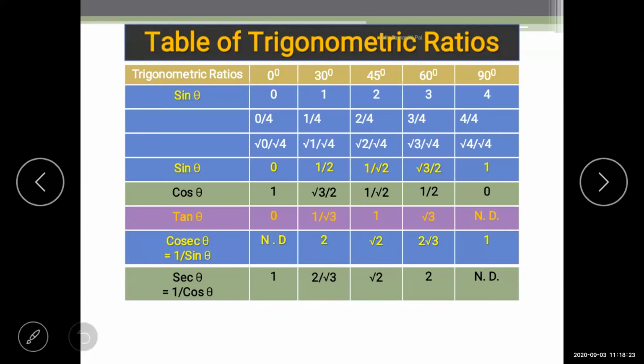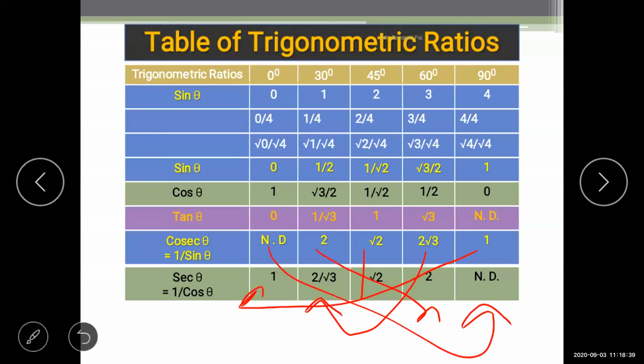Is it clear? If you reverse this here, then you will get the answer. Same here. In this way also you will get the answer. Is it clear?